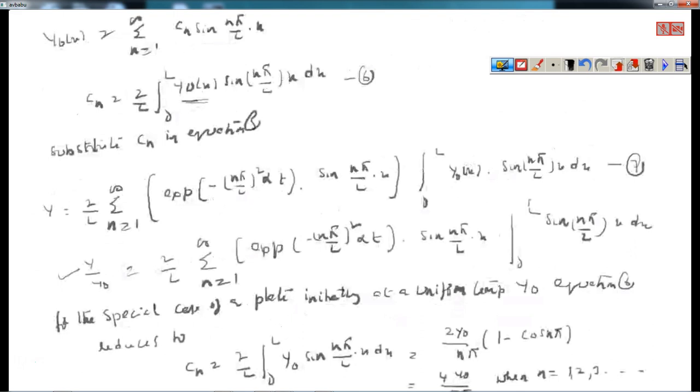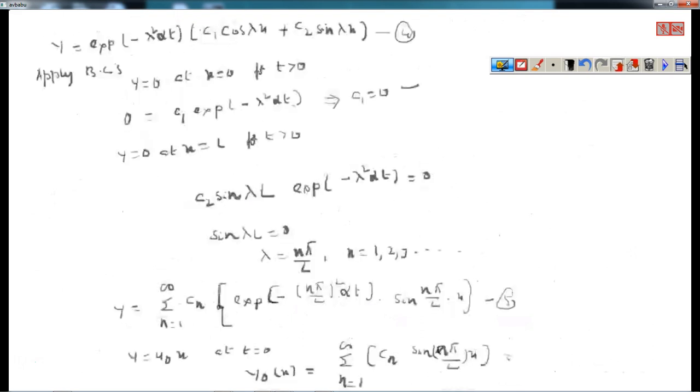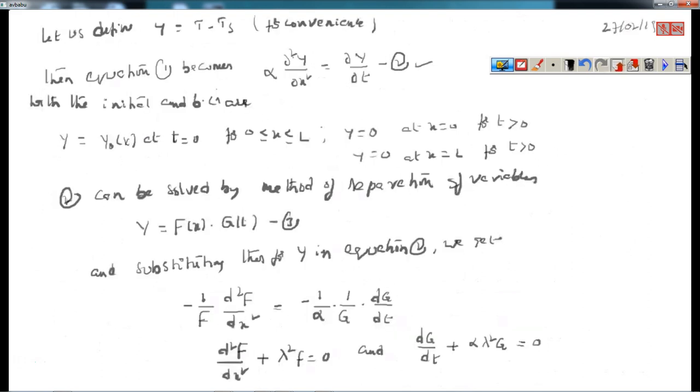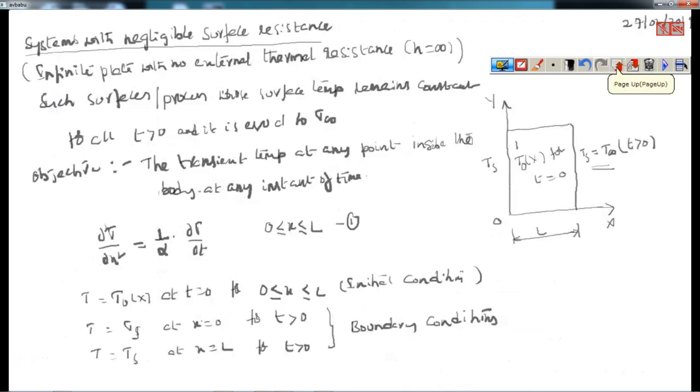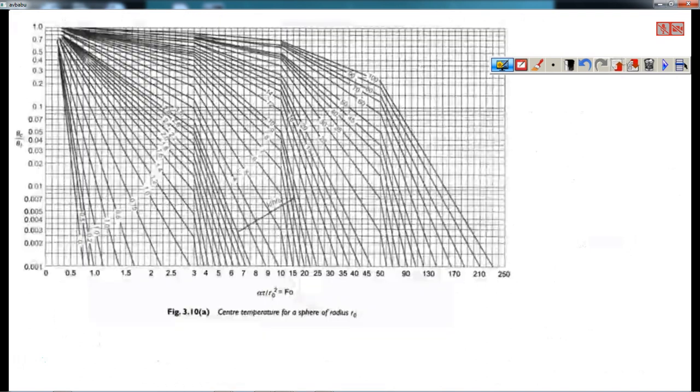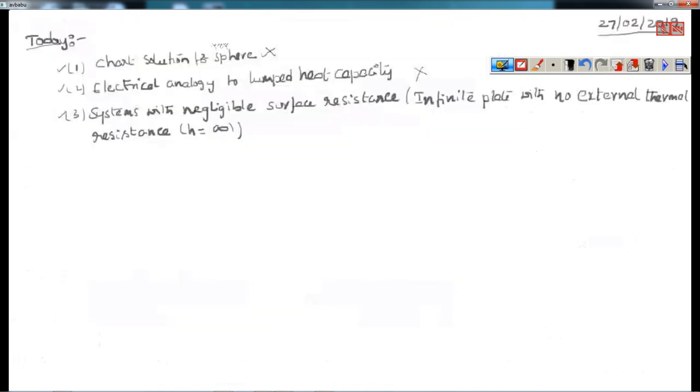So far we have discussed transient heat conduction related problems. Now these are all we have discussed so far. The last one, the fourth one I will be discussing, is the response time of a thermocouple.